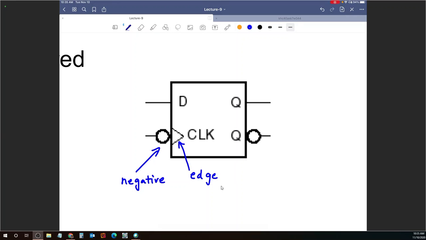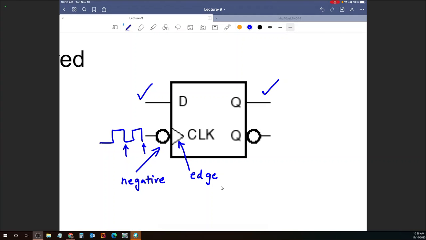which means that the output over here, Q plus, is going to change only when this component sees the negative edge on the clock input right here. So only at these times it is able to change. And what is it going to change to? Well, that depends on what D is at that particular moment.